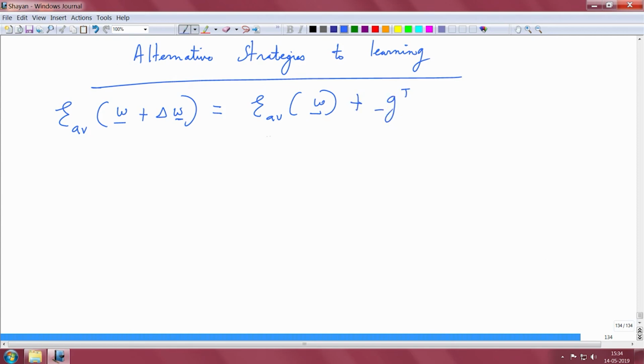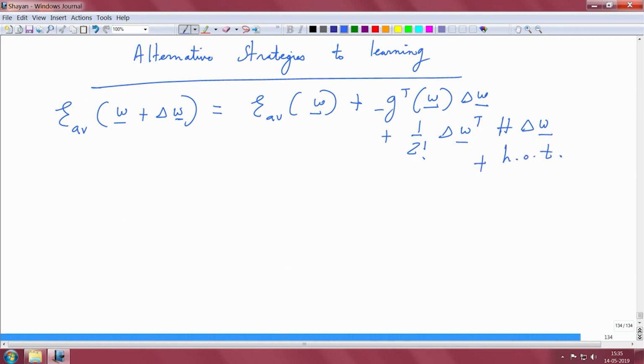So, this is the function at the weight vector W, then you have the gradient of the weights over a small perturbation, delta W, plus 1 upon 2 factorial delta W transpose the Hessian times delta W plus higher order terms.